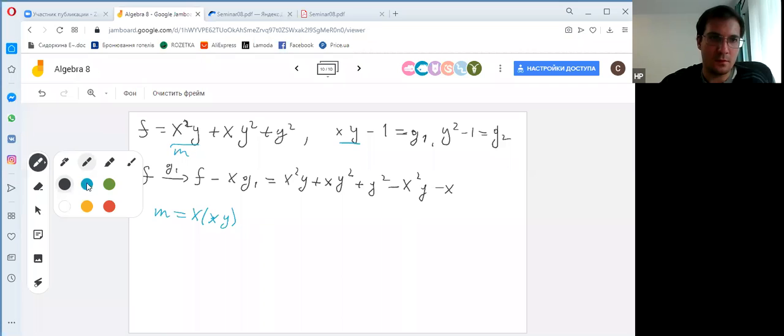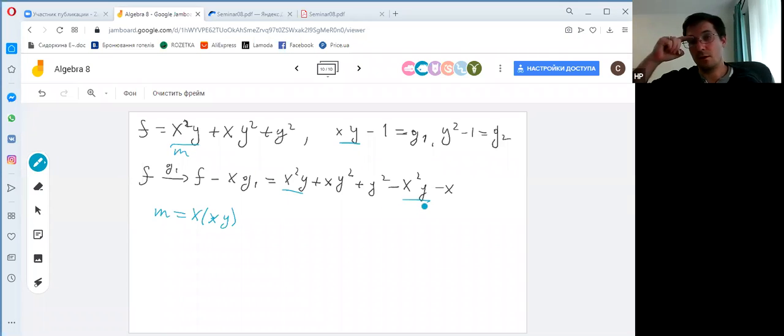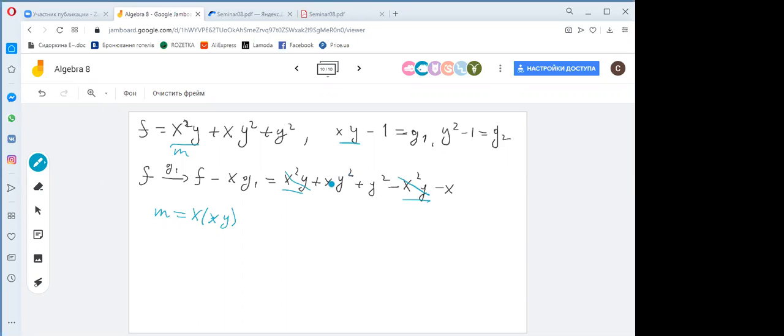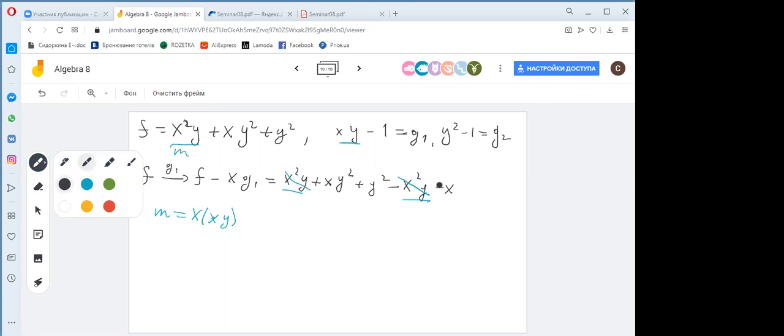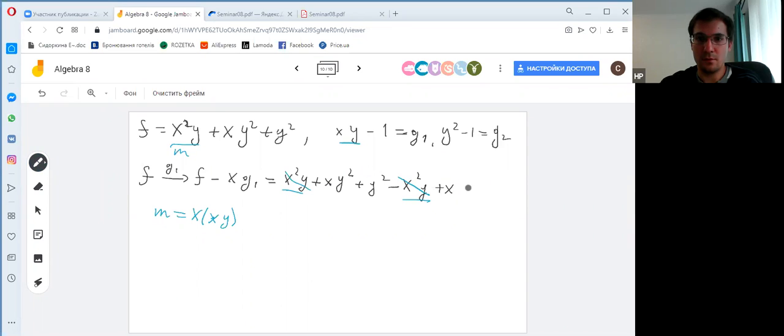And these are two monomials which we can cancel. Isn't it plus x? Plus x. Oh, I'm sorry. Yes, of course, plus x. And we obtain the polynomial f1, which is x y squared plus y squared plus x.